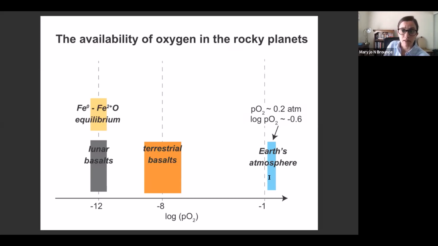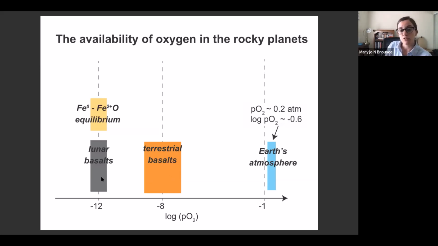By comparison, basalts that erupt to the surface of Earth have about 7 orders of magnitude less available oxygen than Earth's atmosphere. So again, this rock is going to be 30 or 40% by weight of oxygen, but there's going to be a vanishingly small amount of that that is not tied up by balancing titanium 4+, aluminum 3+, silicon 4+ in the rock itself.